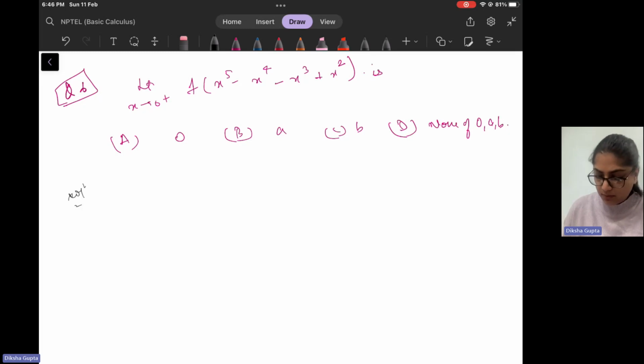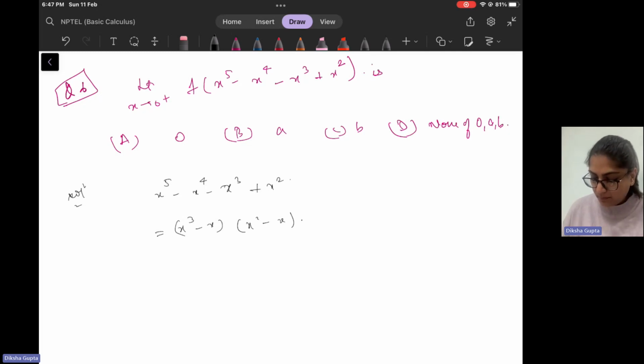Just factorize. This can be written as x cube minus x and x square minus x. It is easy to factorize. Please do this.